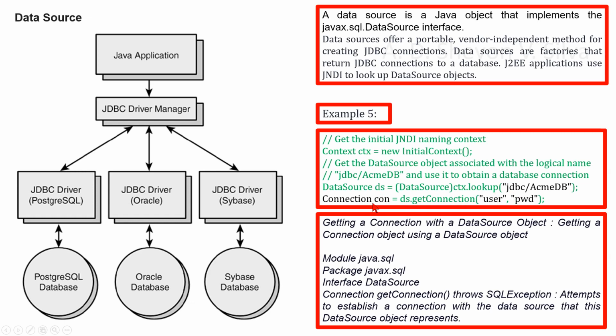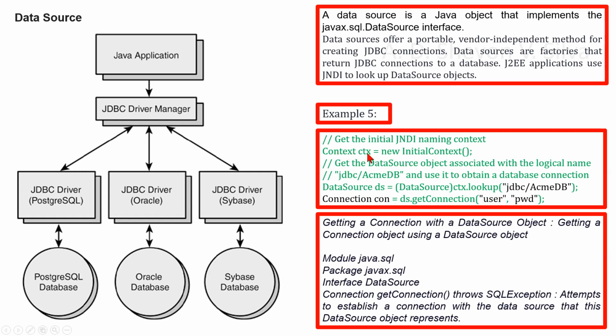Here, getting a Connection object using a DataSource object. The data source implementation bound to the name jdbc/ACME-DB can be modified or replaced without affecting the application code.